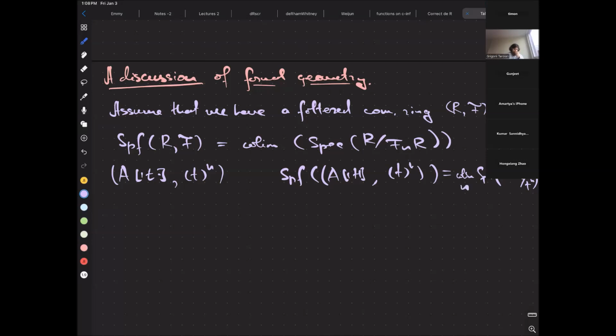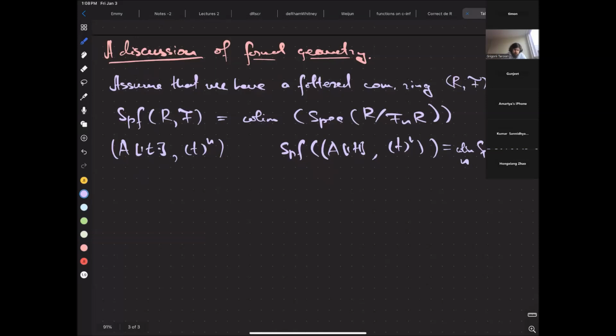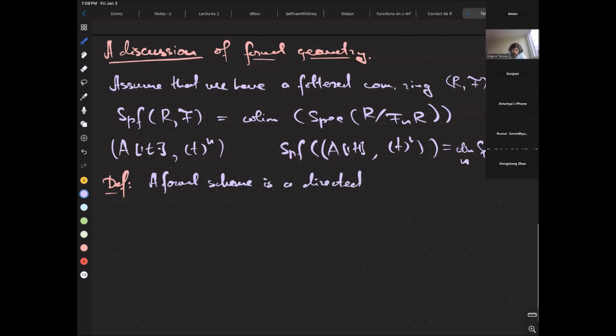So how this relates to this whole thing about formal group laws and formal groups. As expected, you can define the category of formal schemes. So this was the formal spectrum. This gives you formal affine schemes, but in general, you can say that a formal scheme is a directed colimit of finite dimensional schemes.